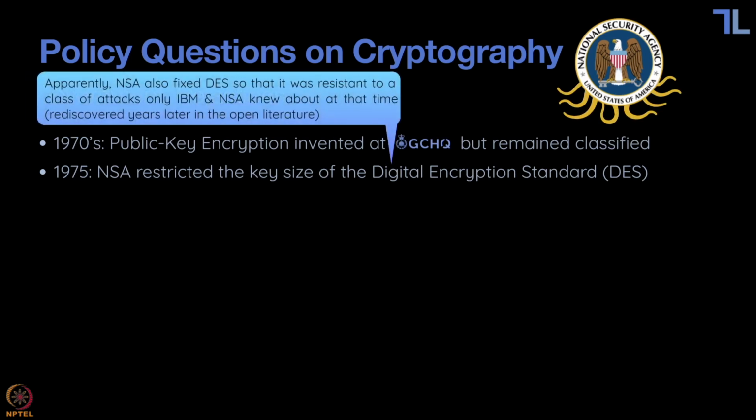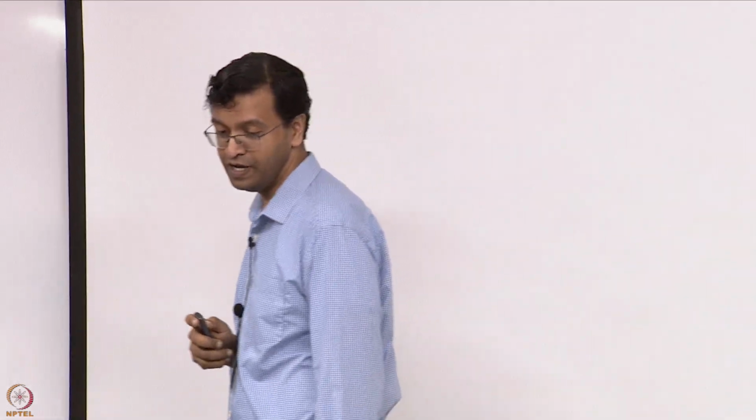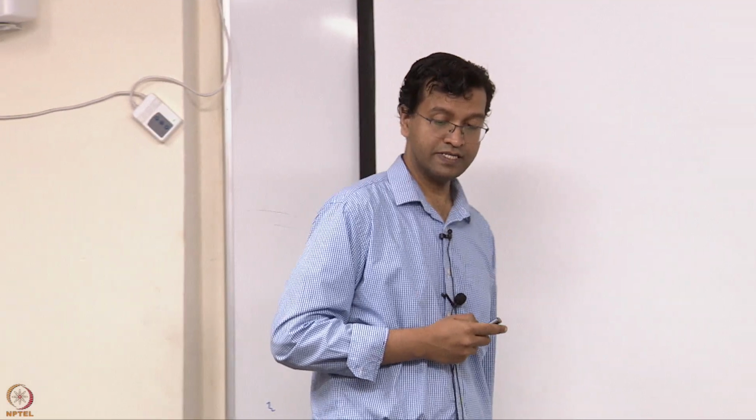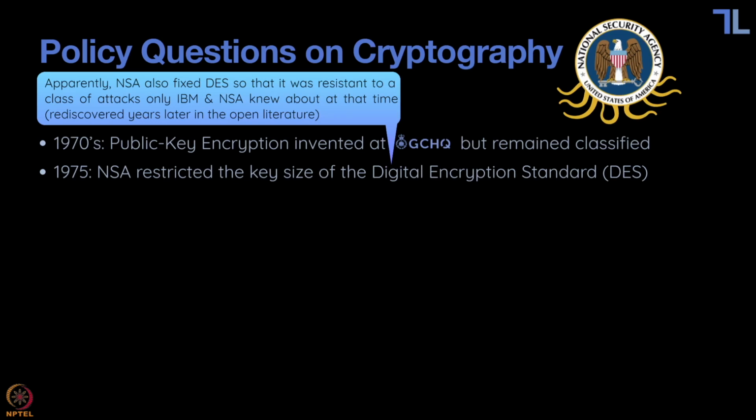But to their credit, it should also be mentioned that there were some flaws in DES that NSA knew about, and they got it fixed before it was standardized. So NSA had some attacks that worked against the initial proposal for DES. They didn't tell anyone that's the case at that time, but it was fixed before it was standardized.